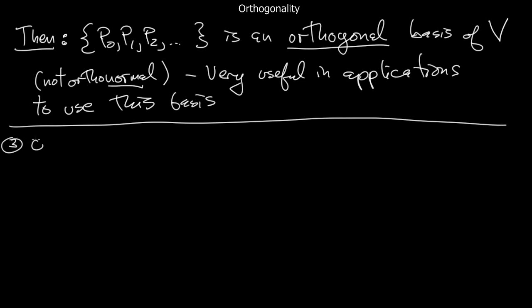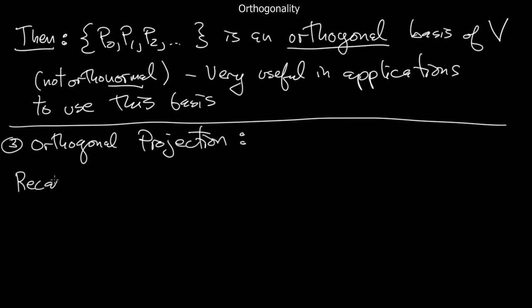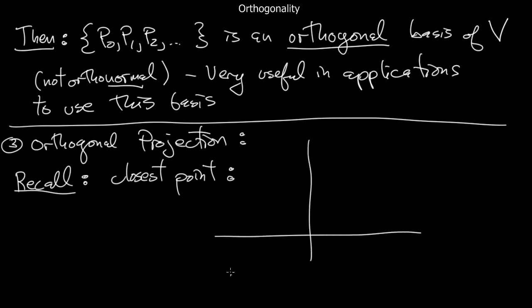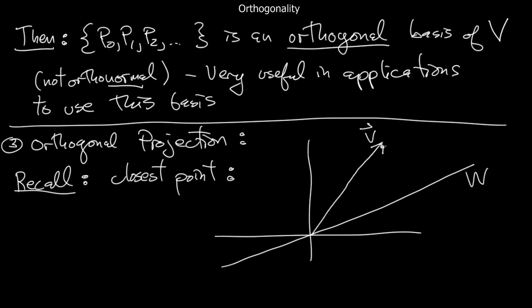Next, I'm going to talk about orthogonal projection. So let's recall all this business about the closest point and least squares and all of that. So you have a plane W and a vector V, and we're interested in finding the closest point in the plane to V. And the picture is like this.